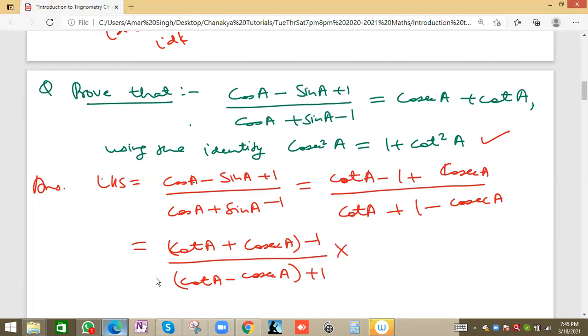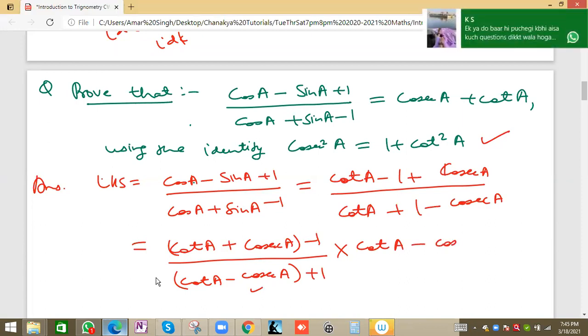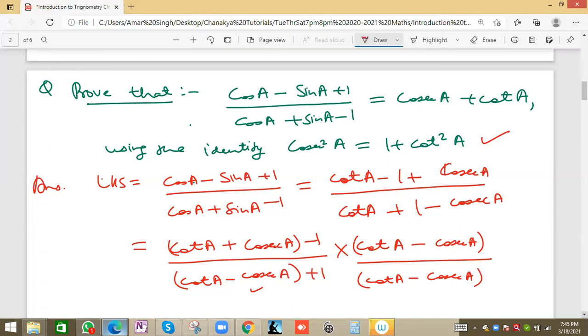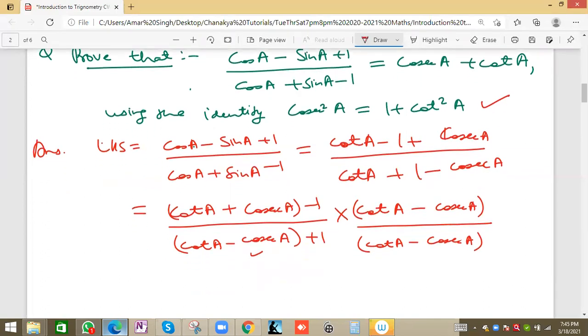We can multiply with this one, which is minus, so we can multiply with cot A minus cosec A only, because here it is plus, we can multiply with minus, and this will be cot A minus cosec A, the same value. Now we can write the values.